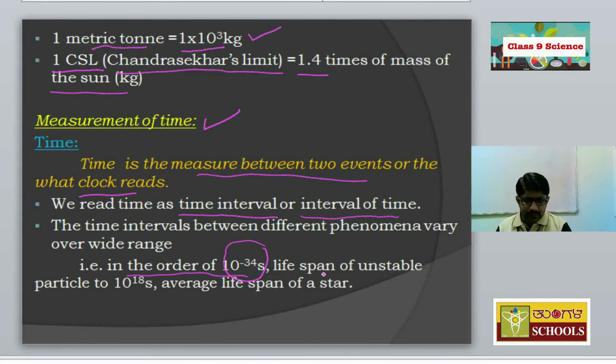On the other end, 10 to the power plus 18 second is the average lifespan of a star. So time also varies over the wide range from 10 to the power minus 34 second to 10 to the power 18 second.